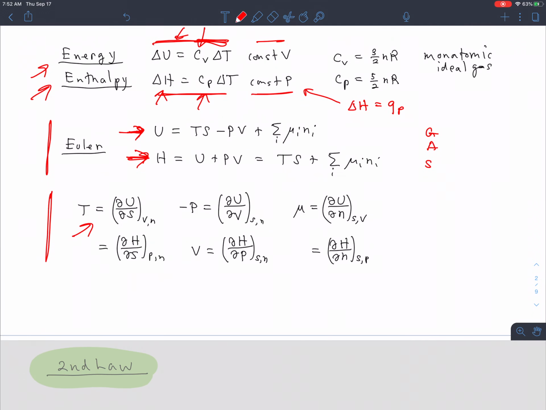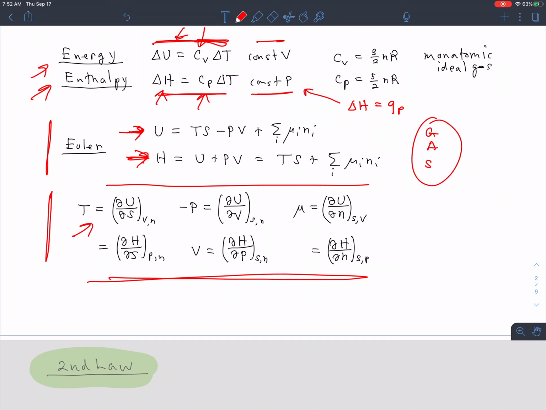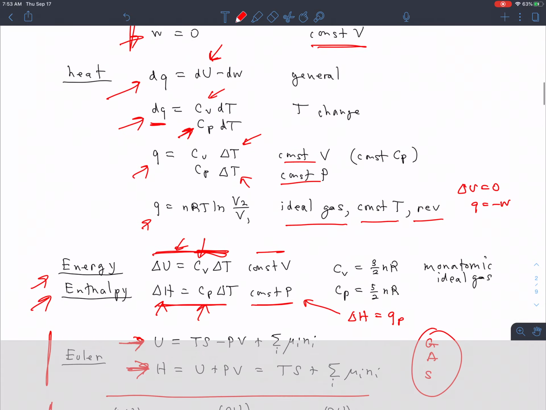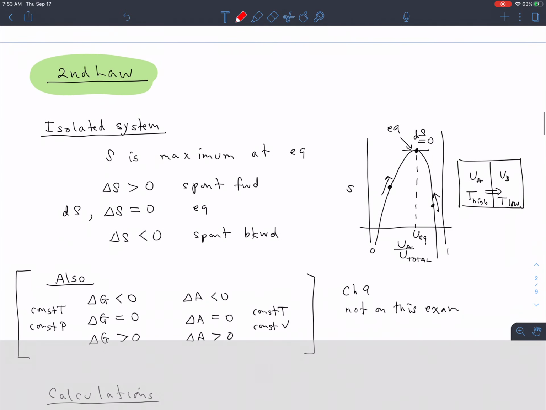So just by looking at the first law, you can get this entire first row of derivative relationships. And looking at the equivalent relationships for enthalpy gives you this second row. Again, the ones that involve Gibbs free energy, Helmholtz free energy, or entropy are for later, for the next exam. All right, that's an overview of the stuff that pertains to the first law.